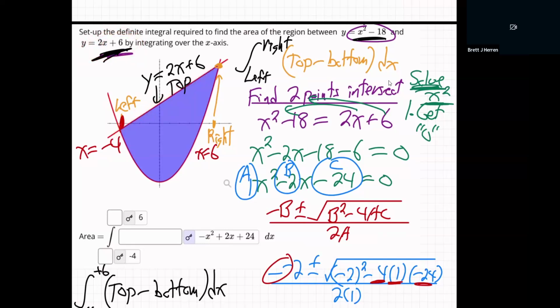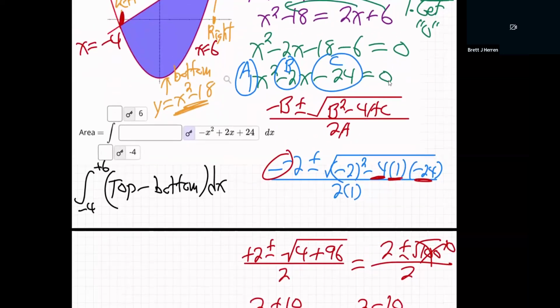And so the bottom one right here must be the other one, y equals x squared minus 18. Yeah, it's a U shape, x squared going up. So that's the bottom function. Okay, so there's the top function, there's the bottom function. We're taking the top minus the bottom.